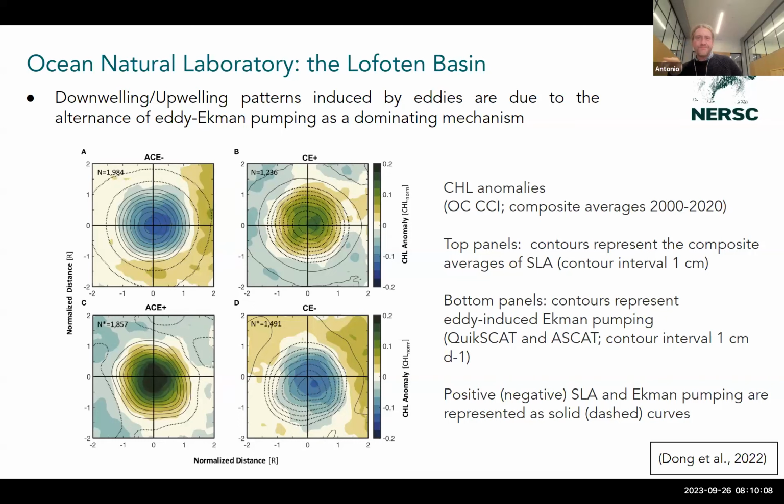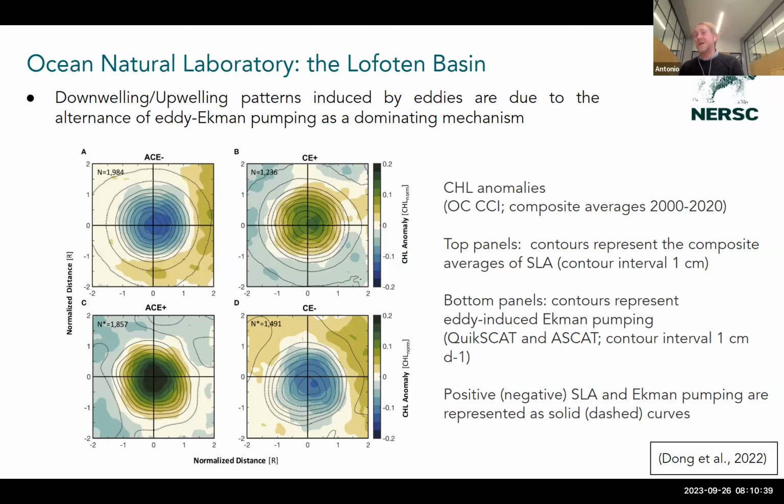Instead, the bottom panels are more interesting, because here the air-sea interaction kicks in. When you have, for example, an anticyclone, it's worth noticing that in the basin there are also positive anomalies of chlorophyll, meaning that you have an upwelling also in the occurrence of an anticyclone. And the opposite applies to cyclones, meaning that you have downwelling.